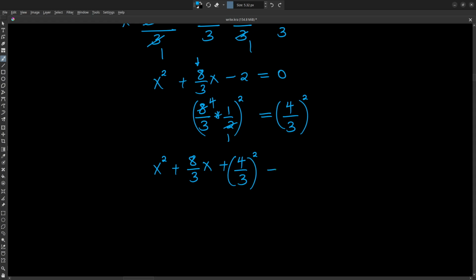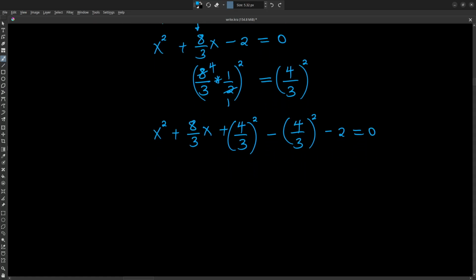Then now let's minus the same term. So minus 4 over 3 squared. And then now let's proceed with our negative 2. So minus 2, and this is equal to 0. So you see, it's not like we have changed the equation in a major way, or rather the sum of the equation, because we have added and subtracted the same term.